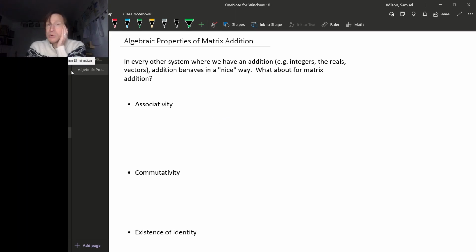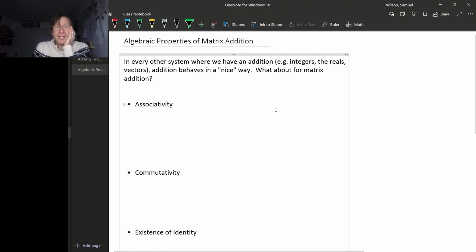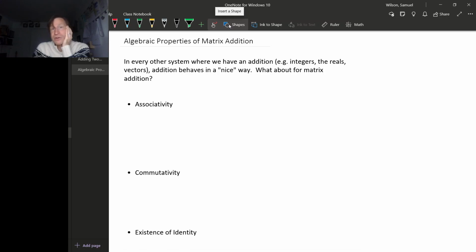But one thing that's important to know about addition of matrices is what are the algebraic properties of this matrix addition. In every other situation where we have an addition, that addition behaves nicely. And when I say nicely, what I mean is things like associativity of that addition, commutativity of the addition, that sort of thing. So does our matrix addition have these same properties?